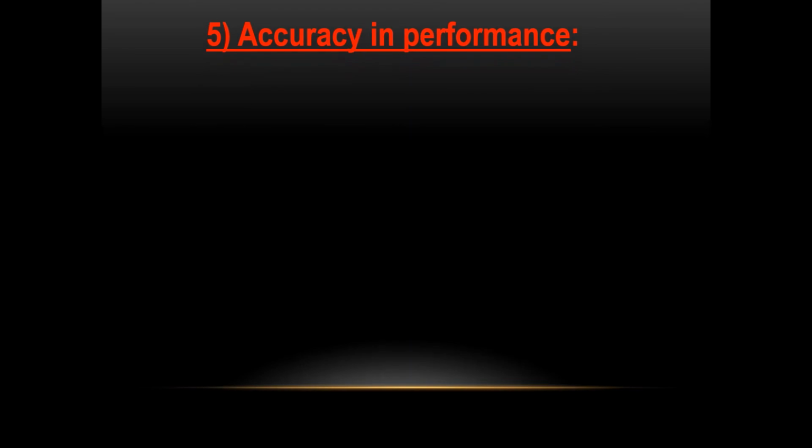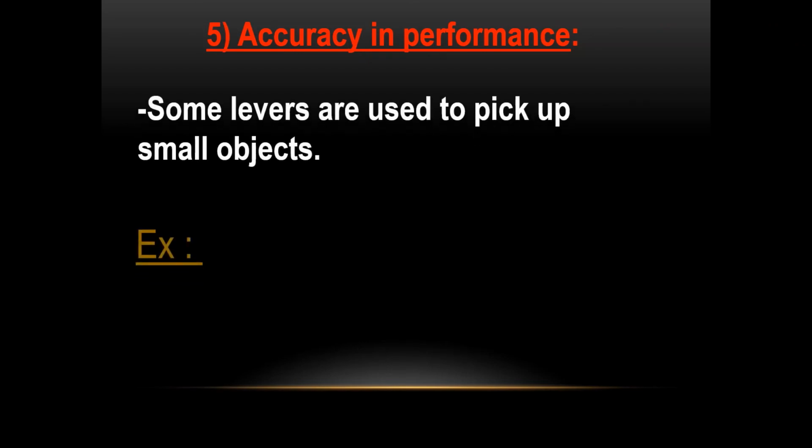Number 5, accuracy in performance. The meaning of this is to be accurate in doing your job, in doing your task. For example, do you know the watchmaker? If you want to change the battery of your watch, you go to the shop and ask him to change it.